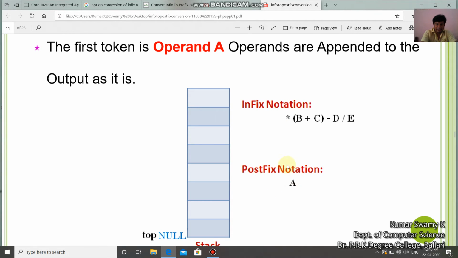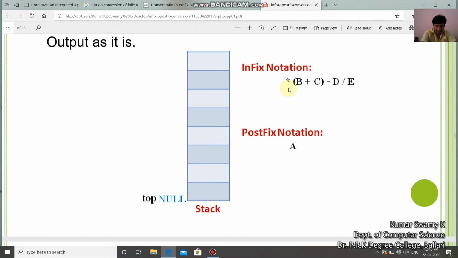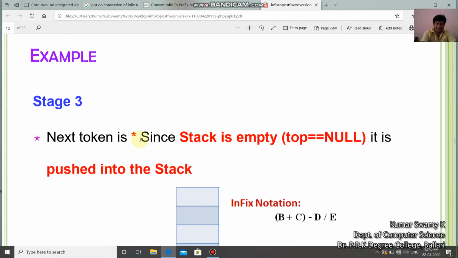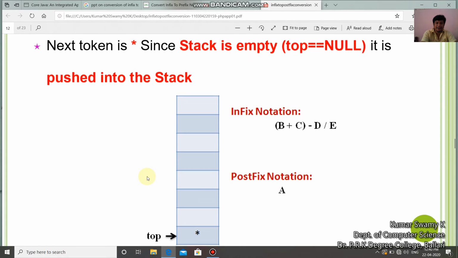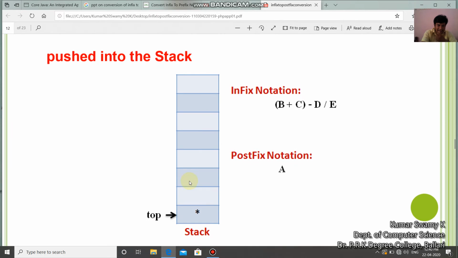As you can see, we have appended it. Till now the top is null and the stack is empty. Continuing scanning, the next token we encounter is an operator, the multiplication operator. Since the stack is empty and top is null, it is pushed onto the stack. Now you can see the operator is pushed and top has a value.